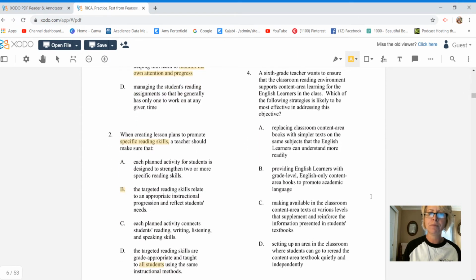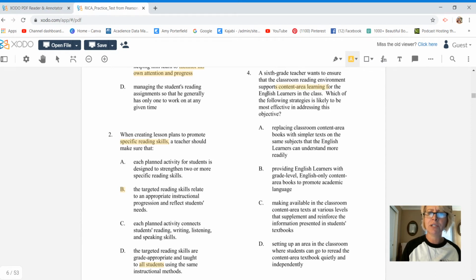Let's go to 4. A 6th grade teacher wants to ensure that the classroom reading environment supports content area learning for the English learners in class. Which of the following strategies is likely to be most effective in addressing this objective? Okay, so let's focus in on what we need to know.